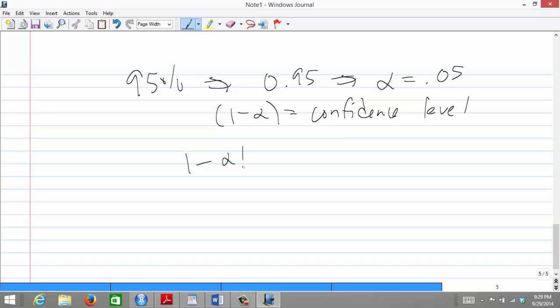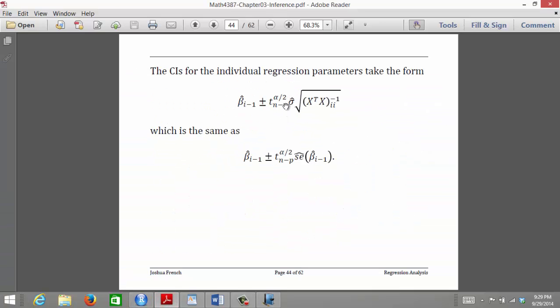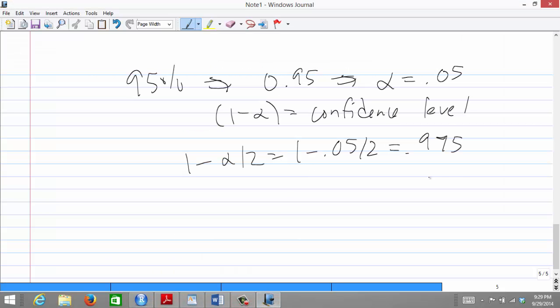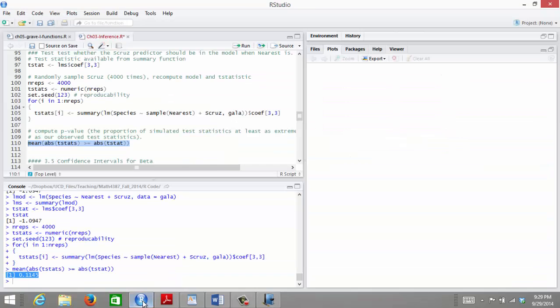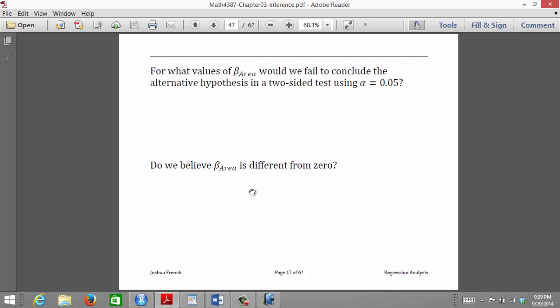So 1 minus alpha over 2 is 1 minus 0.05 over 2, which is 0.975. Even though the notation the author uses is alpha over 2, this stands for the 1 minus alpha over 2 quantile, which means we need to calculate 0.975 in this case, and use that to find the appropriate quantile from our t-distribution in R.